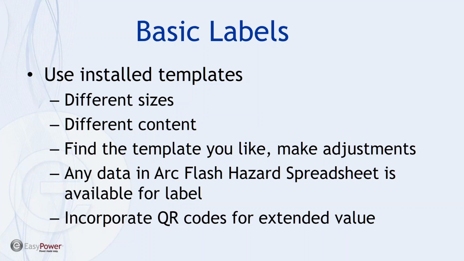The tool allows us to take any information that's on the arc flash hazard spreadsheet and put it into the label for informational purposes only. And I'll emphasize that you can construct your label completely from scratch, and the tool allows customization inclusively or exclusively based upon what it is you're trying to do.